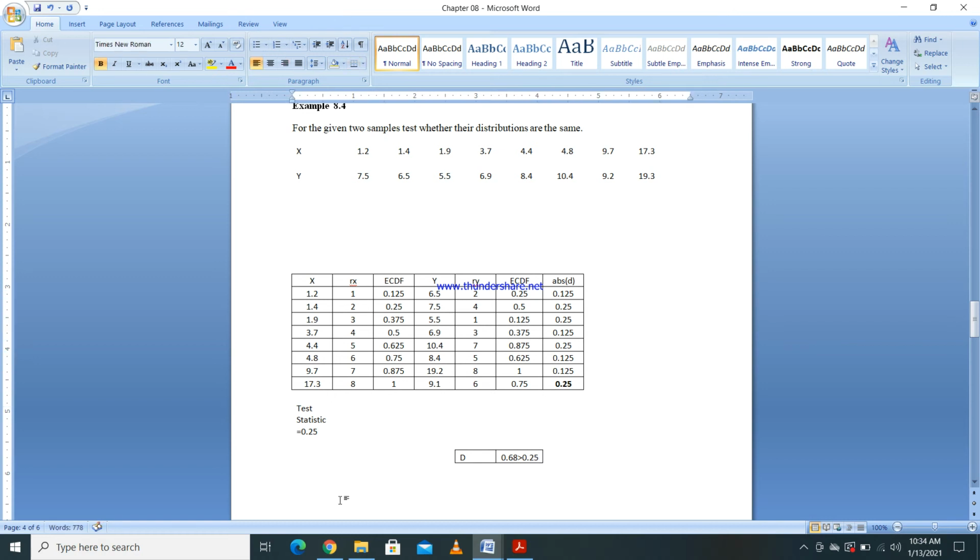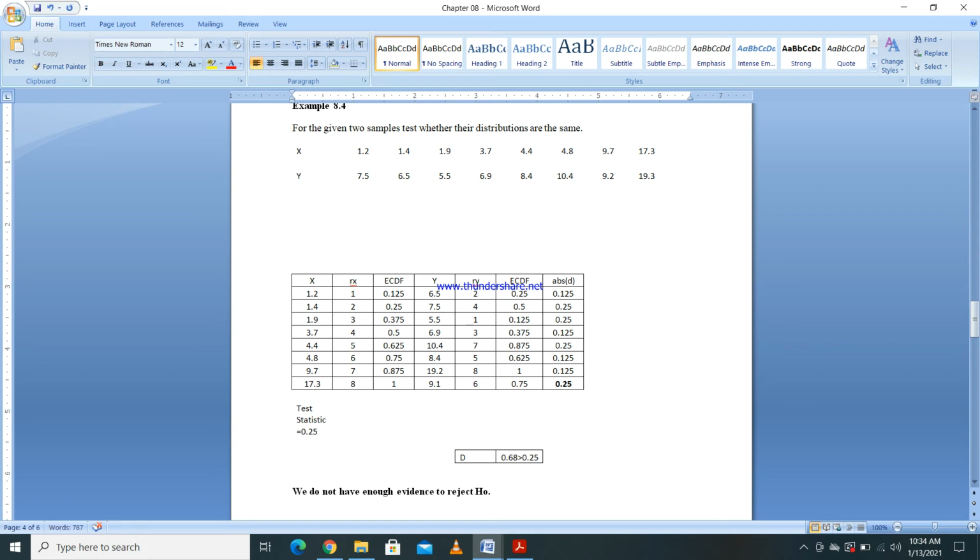So we do not have enough evidence to reject H naught. If we do not have enough evidence to reject H naught, we can conclude both samples are following the same distribution.